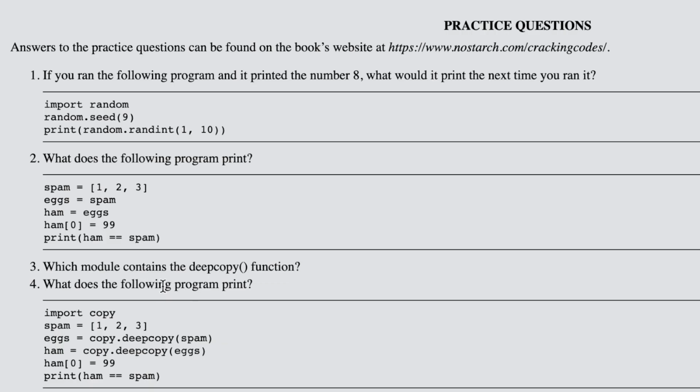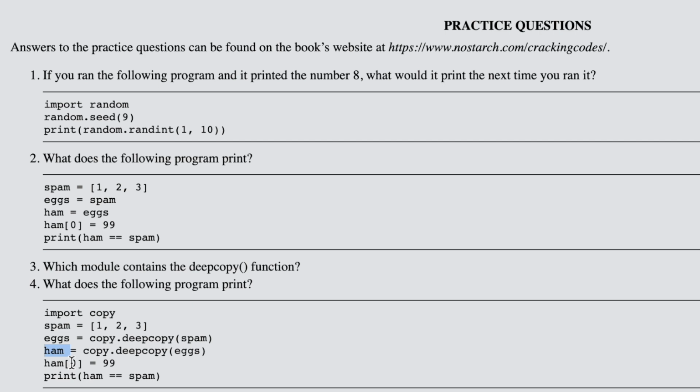And then finally, what does the following program print? Here we're working with the deepcopy function. We're importing copy. Then we have again a variable spam with the values 1, 2, and 3. And here we are creating a second variable x, this time by using our deepcopy function and copying this list here rather than just pointing to it. And we are repeating the same step again, using the deepcopy function by copying our copy of that list and assigning that to ham.